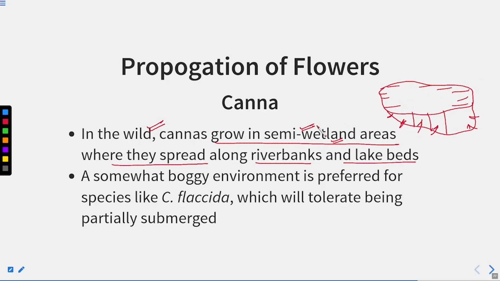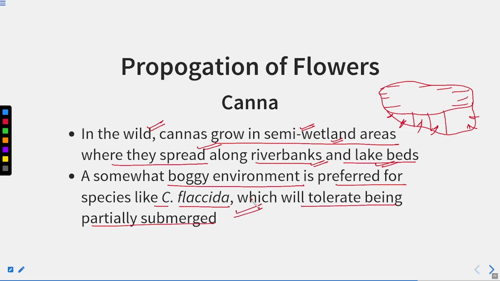So canna can grow in semi-wetland areas where they spread along river banks. They can also grow along lake beds. Now we can understand how much water they require for their growth. A somewhat boggy environment is preferred by species like Canna flaccida, which will tolerate being partially submerged.